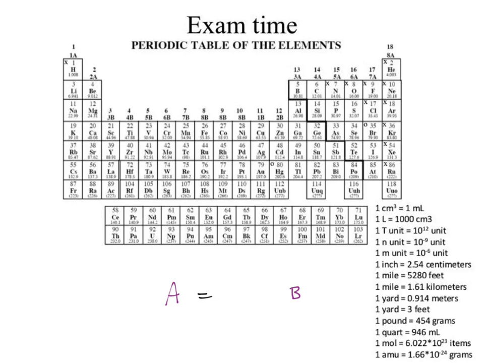Point to the periodic table where I can find the relationship between nickel and copper. I can find nickel in a box, and I can find copper in an entirely separate, independent box. Is there a relationship between them? No. Useless. That's why we have boxes. Bad idea. Try again. How can I find the relationship between A and B?